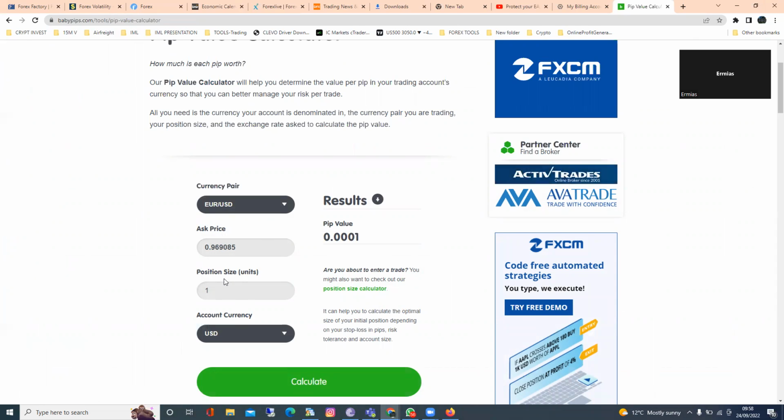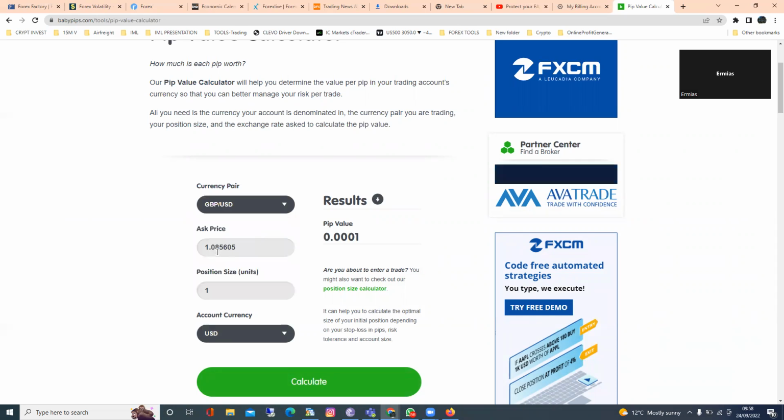All right, so position size, if I do 0.001, this is how currency is calculated, because you can see over here 0.9690, the first 4 digits starting from that 0, that is a pip, right? The last 2 ones over here are pipettes. Those are not actually a pip.